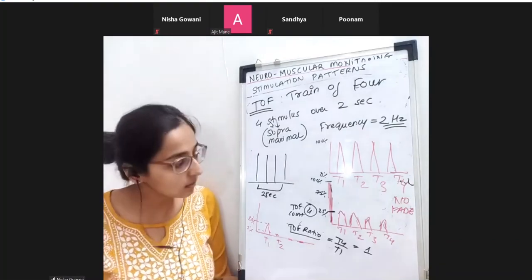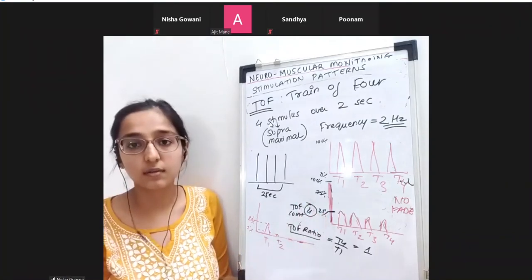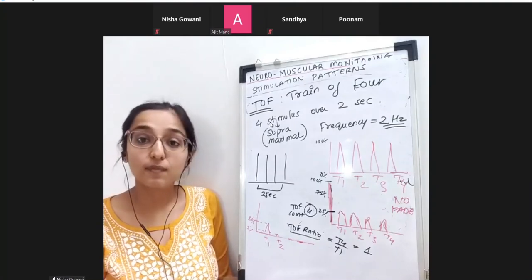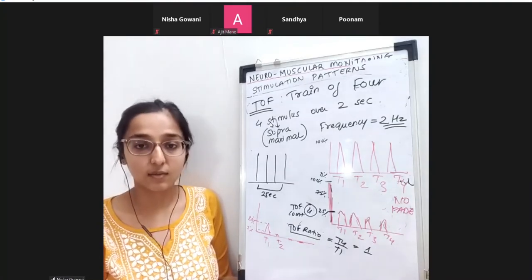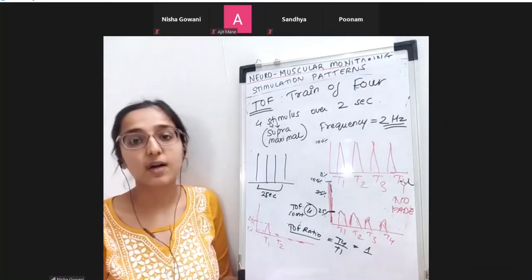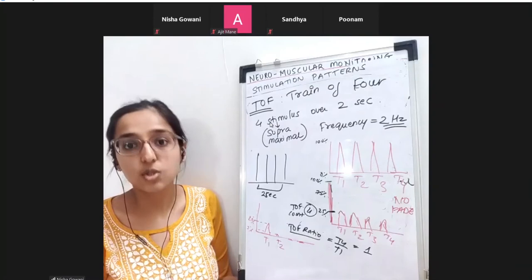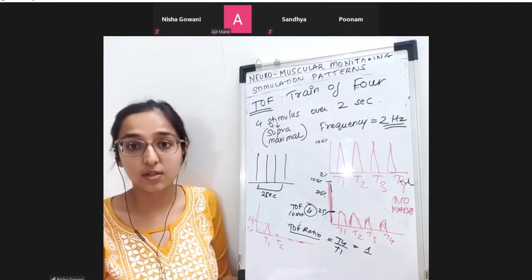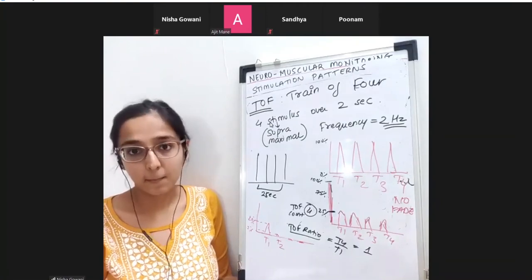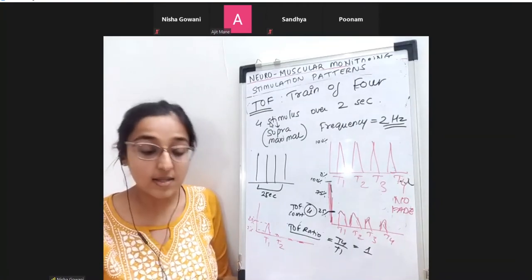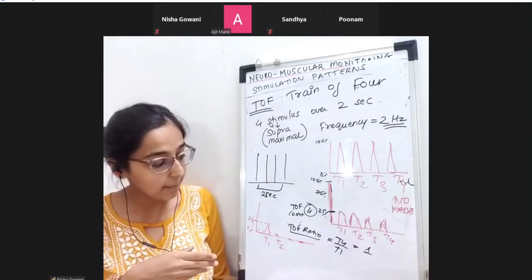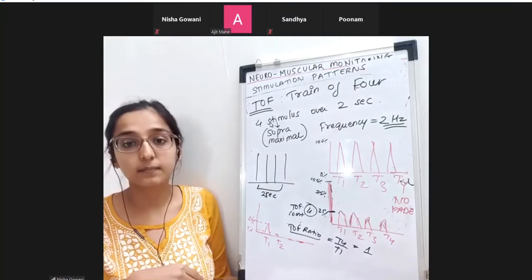Depth is increasing, no. Height is decreasing. So for a non-depolarizing drug, where you can see the fade over there, only the TOF count and TOF ratio value is useful to us. You understood this trick question? Yes. Okay. Now, how will you know that recovery is happening or recovery is not happening?